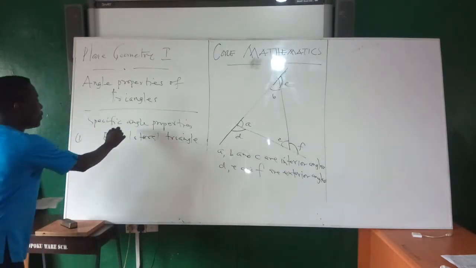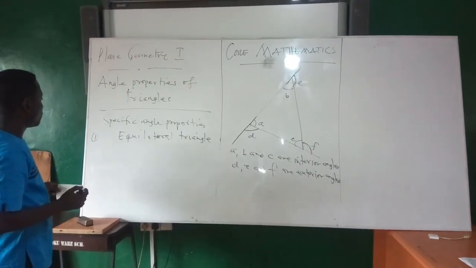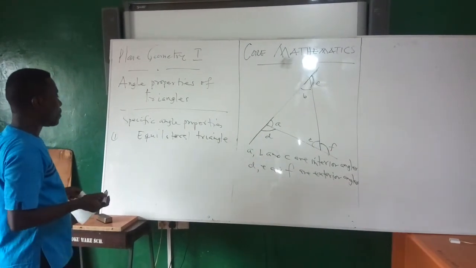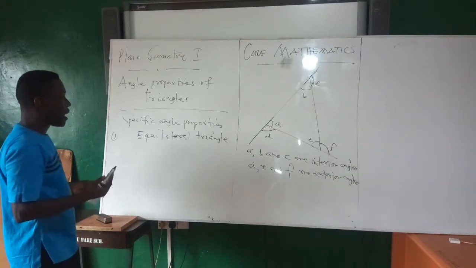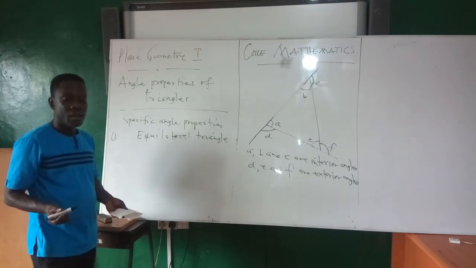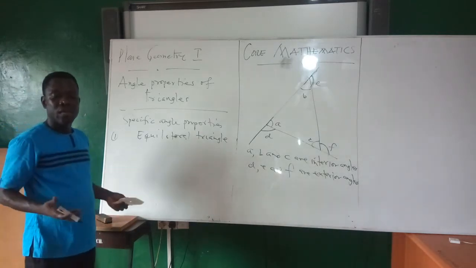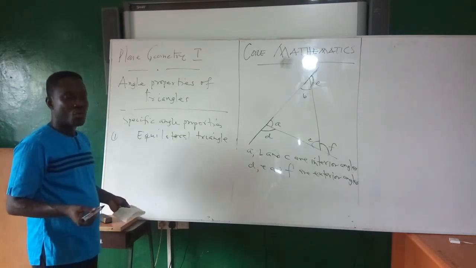When you have an equilateral triangle, what is the specific angle property that you could have there? What is an equilateral triangle? An equilateral triangle is basically a triangle whose three sides are equal.